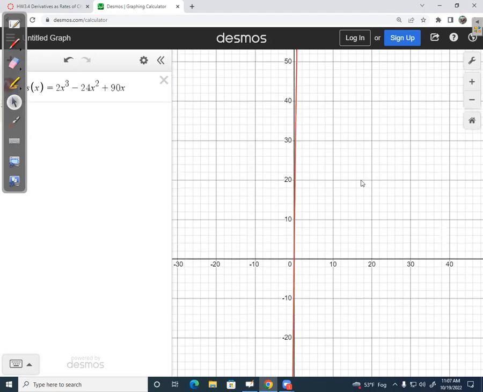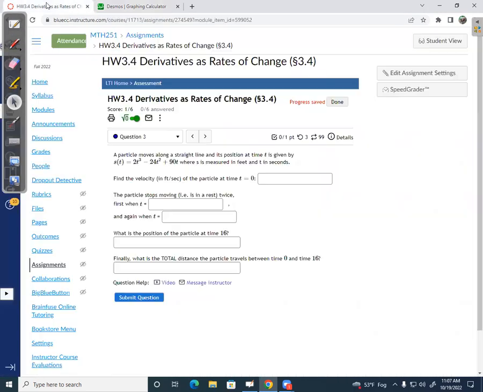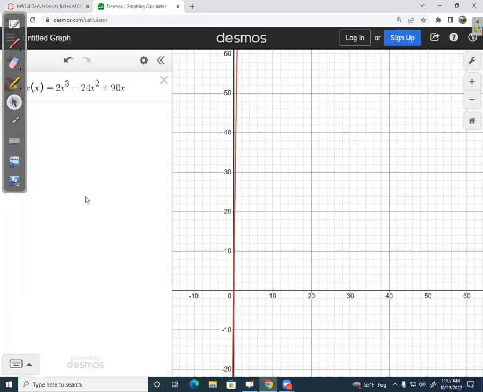All right. And let's see, up to 16. So we're concerned about the point (16, s of 16), which is 3,488.